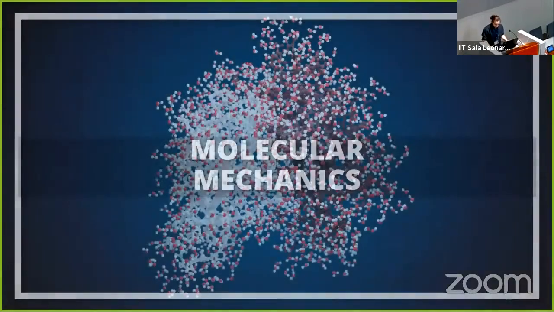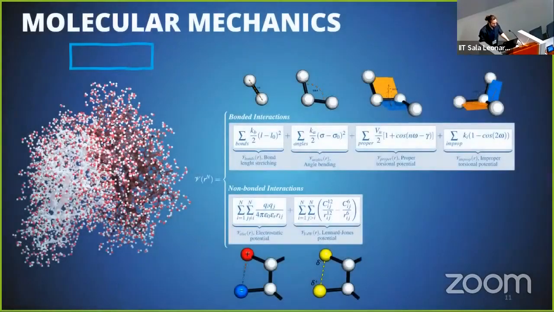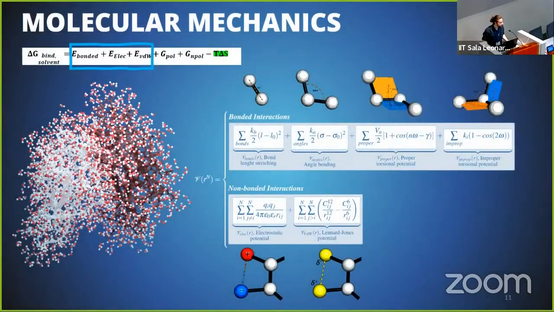So, as for the molecular mechanics part, we can calculate this part using the same types of calculations we do when we run MD simulations. So we have our bonding interactions and our non-bonding interactions.